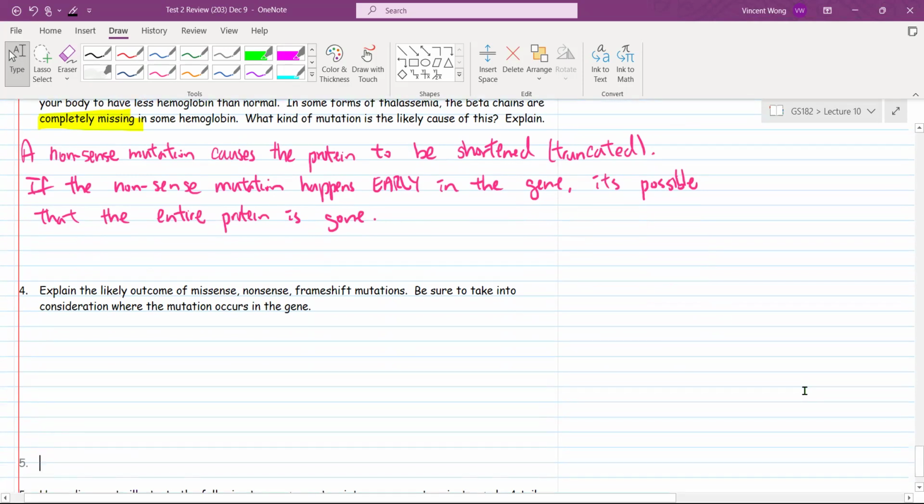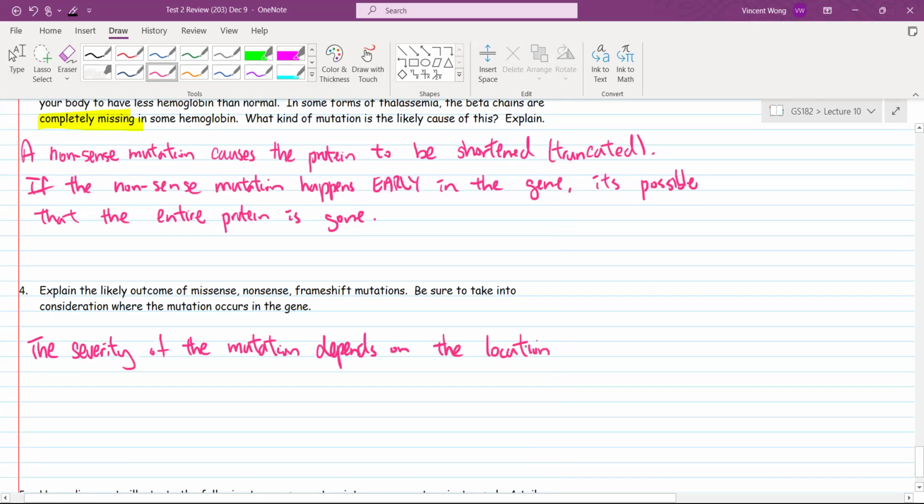Okay, explain the likely outcome of missense, nonsense, and frame shift mutations. The severity of the mutation, like how bad is it, depends on the location of the mutation.